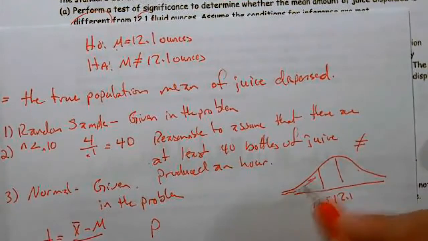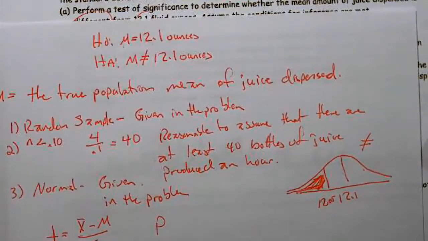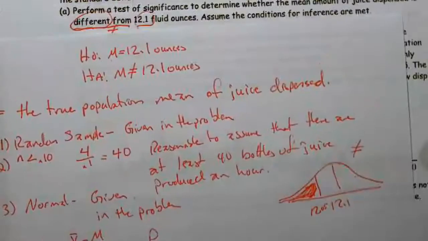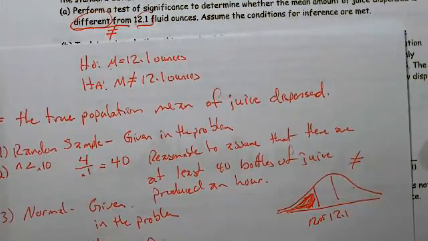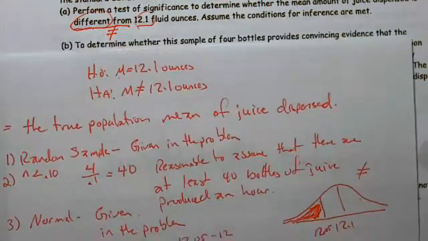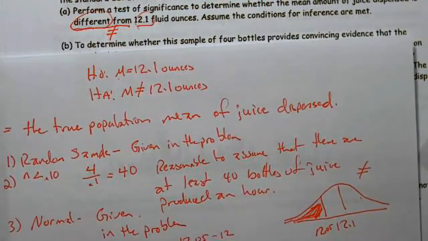All right, this is a not equal situation. So I'm going to always shade in the direction farther away, because remember, p-value is the probabilities as extreme or more extreme. So I'm going to shade in this direction. So p is less than 12.05 minus 12 over 0.085 divided by the square root of 4.